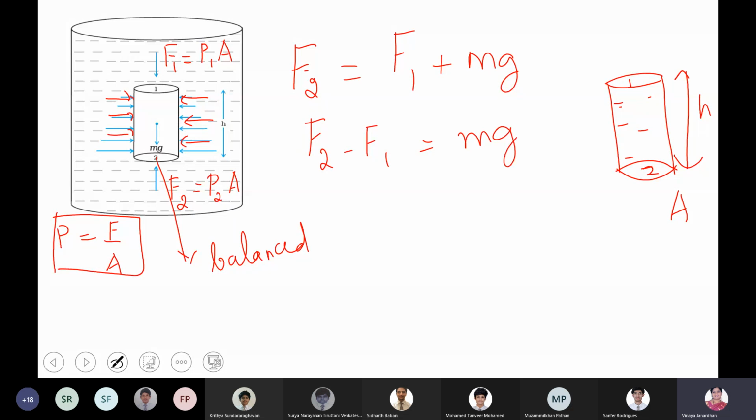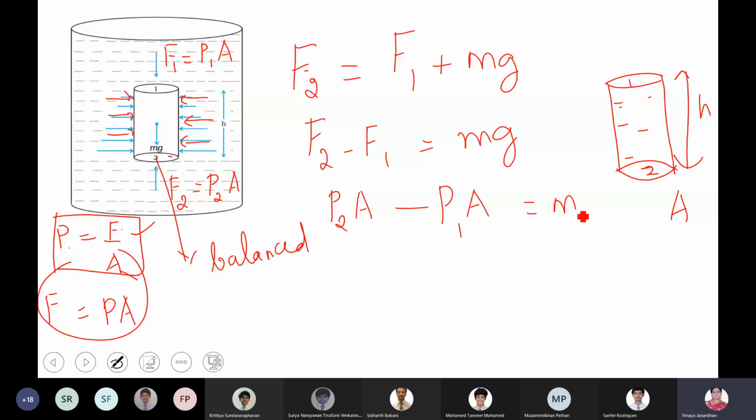F2 is the force acting at the bottom surface of the cylinder, and F1 is the force acting on the top surface. Pressure is force by area, or force is equal to pressure into area.